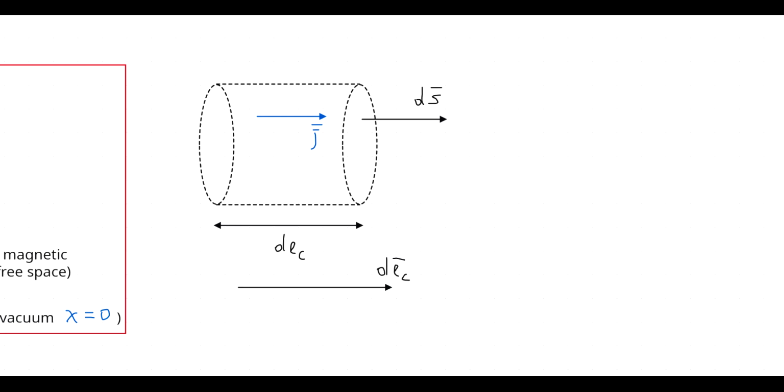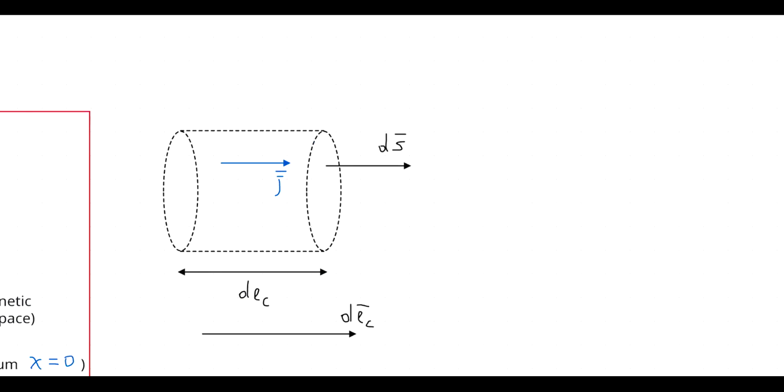Okay, and for this picture, we can write that electric current density has the same direction as vector dS, and it has the same direction as vector dlc.